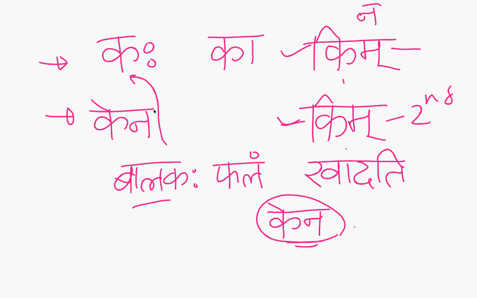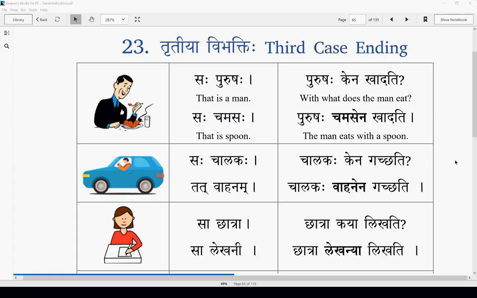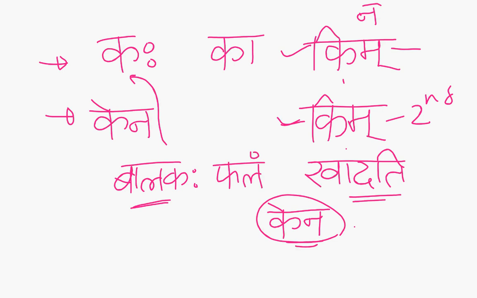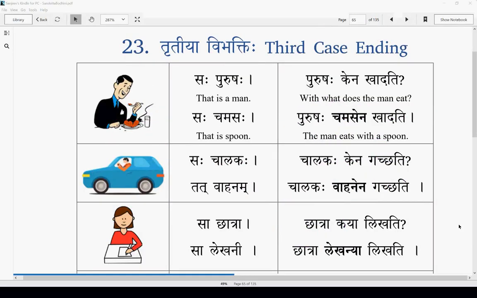So if you want to ask the question, with which is Balaka eating, using what? See, because we know the answer here. We are looking at the picture and we know the chamasa is in Pullinga.